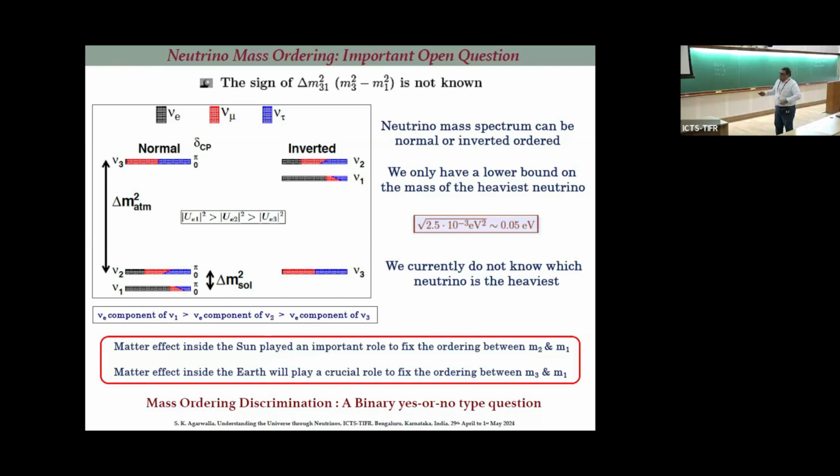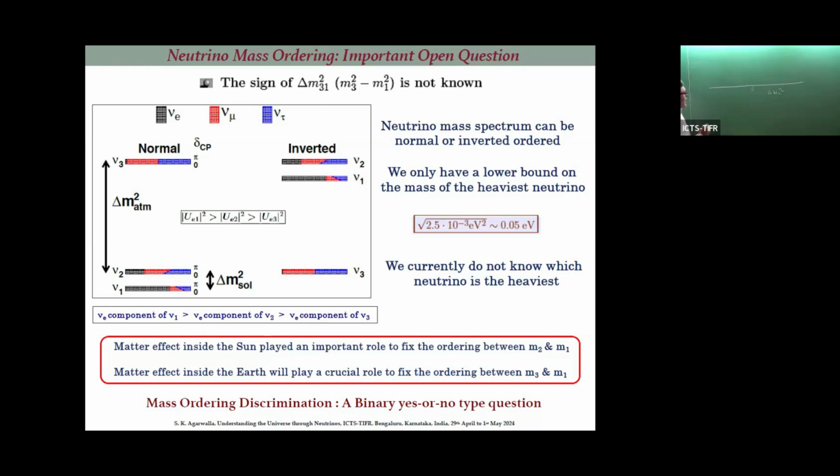Another thing I want to mention, when we ask this question about neutrino mass ordering, think about this. We are talking about delta m square 3,1. So you have an axis like that. This is 0, and I'm talking about delta m 3,1 square.